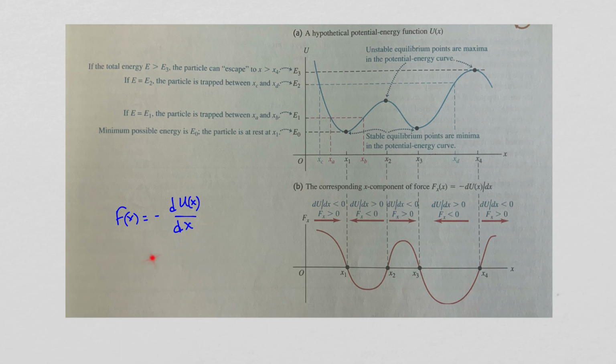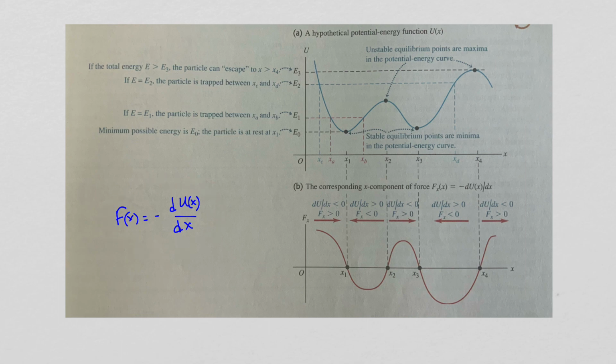So in terms of this relationship between the force and the potential energy function as a function of position, dU dx is simply the slope of the potential energy function at any position, and that is the relationship between the slope and the function.